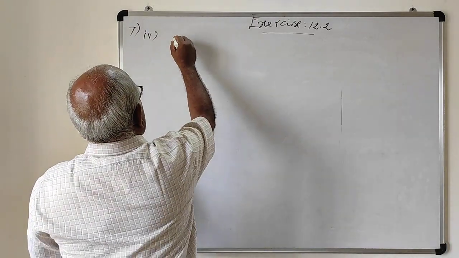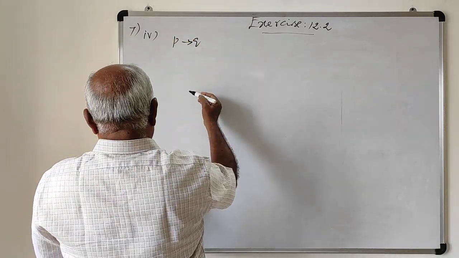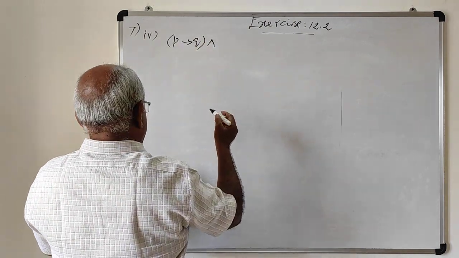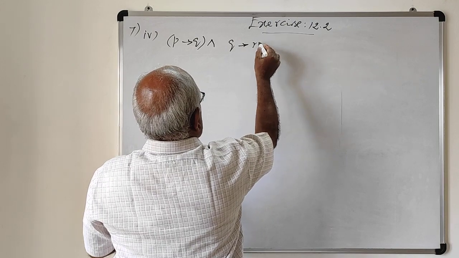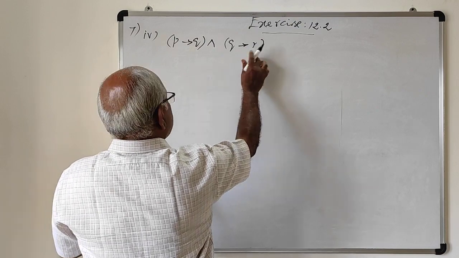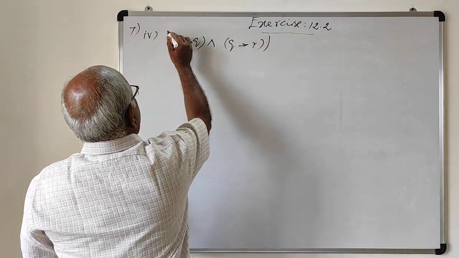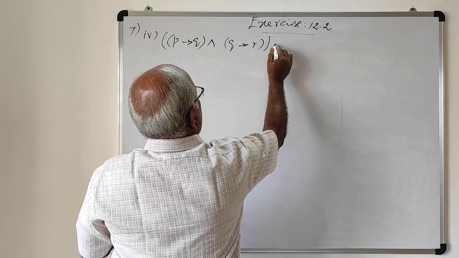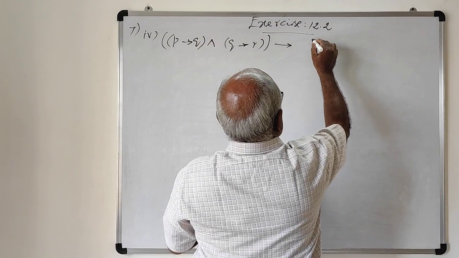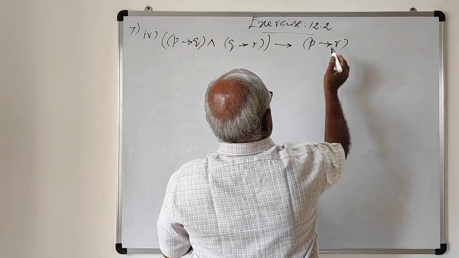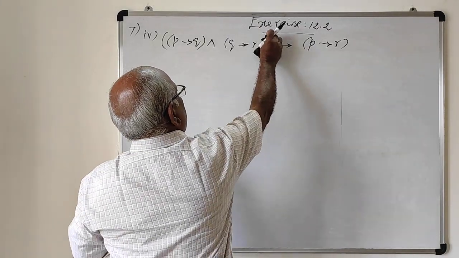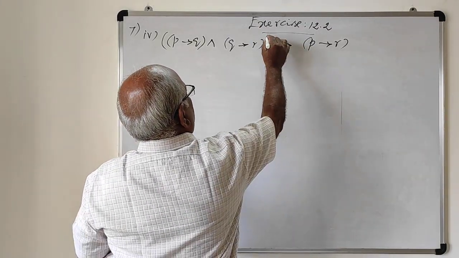The statement is: if P then Q, conjunction, if Q then R, which tends to single condition, if P then R. We have to verify whether this statement is a tautology, contradiction or contingency.